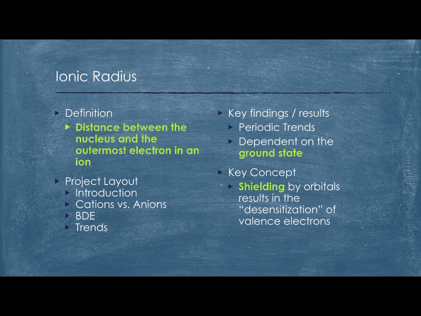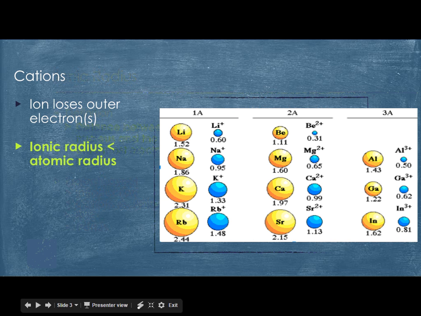Having a greater number of orbitals decreases the attraction between the electrons and the nucleus. Okay, so for cations, say we had a neutral lithium atom with 3 protons and 3 electrons.